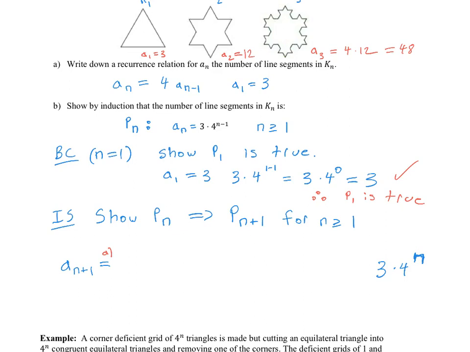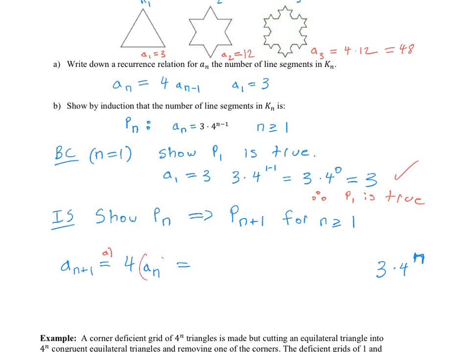In the A sequence, it represents 4 times the previous number. And now we have a sub n sitting there for us, and we can apply p sub n to that, right? P sub n says that a sub n is equal to this. So let's make that exchange.